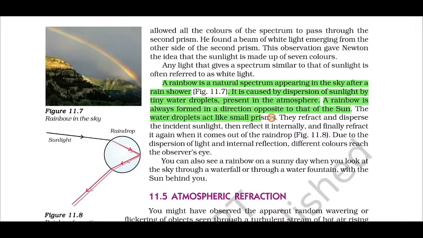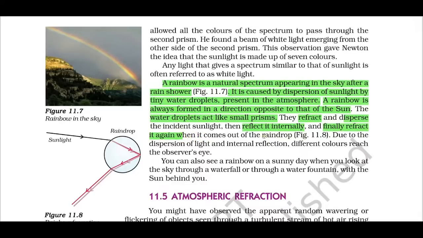The water droplets act as what? Small prisms. You should know the list of events that take place. First, the light refracts. Then dispersion takes place, and internal reflection takes place. Finally, refraction takes place again and the light comes out of the raindrop.